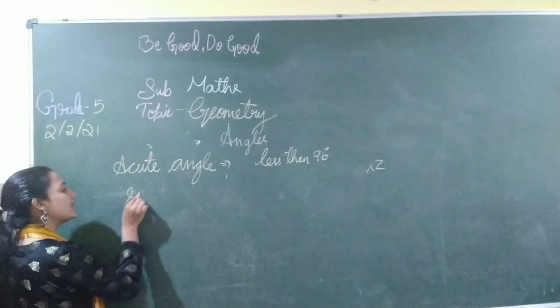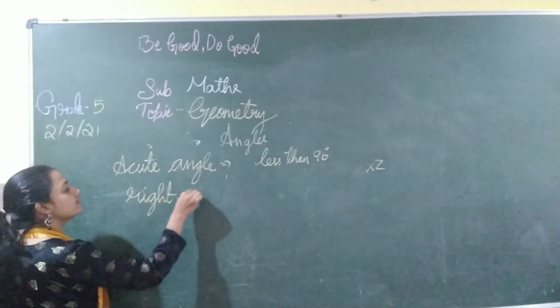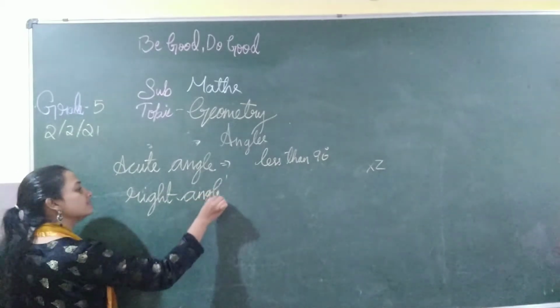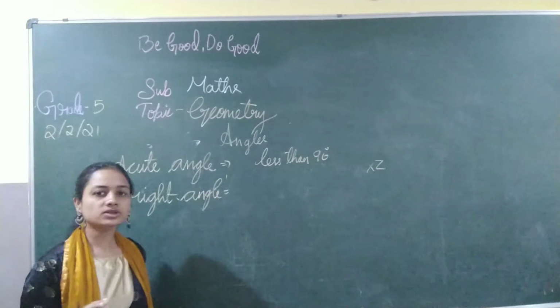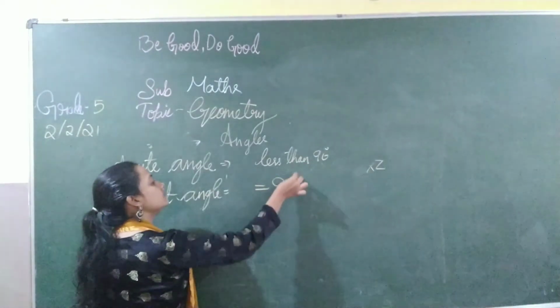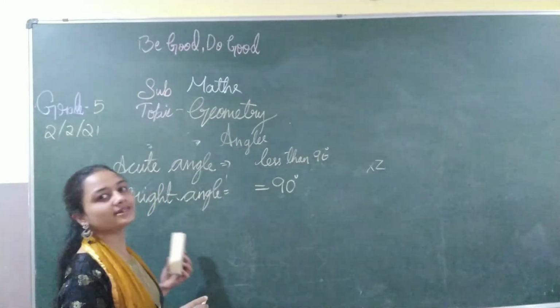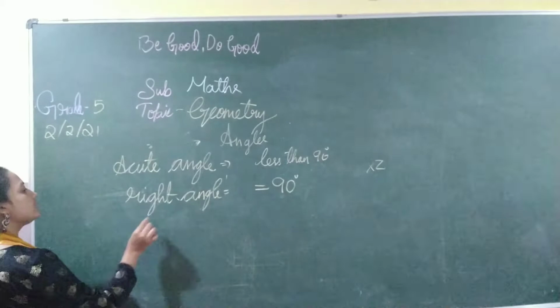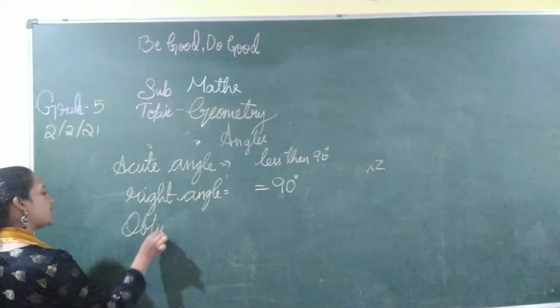Next we come to right angle. Right angles are nothing but angles which are exactly 90. It is equal to 90. Exactly 90. If it is exactly 90, we say it is a right angle. Now more than 90 we call it an obtuse angle.